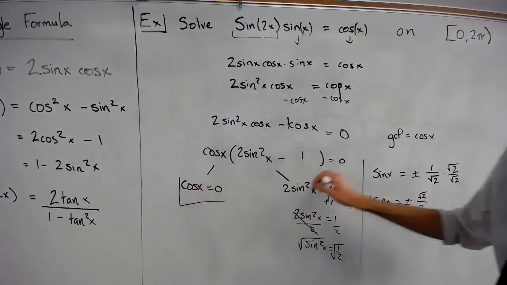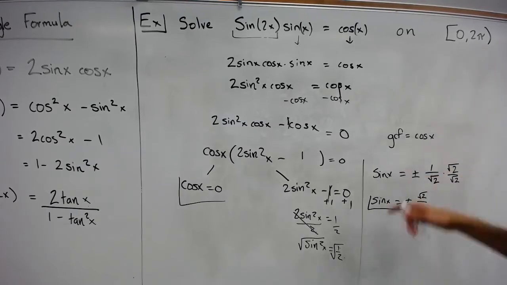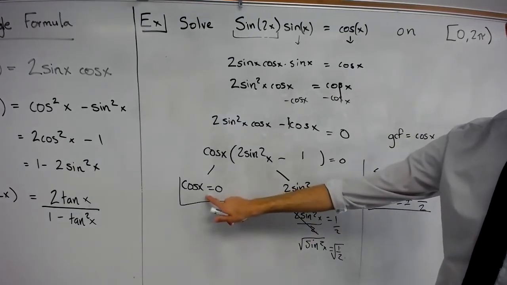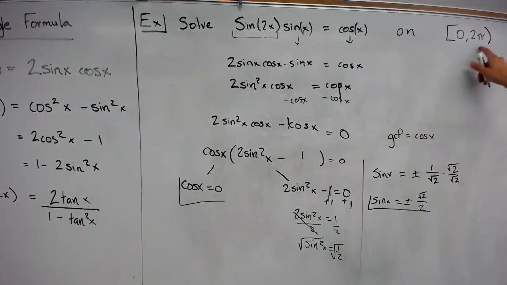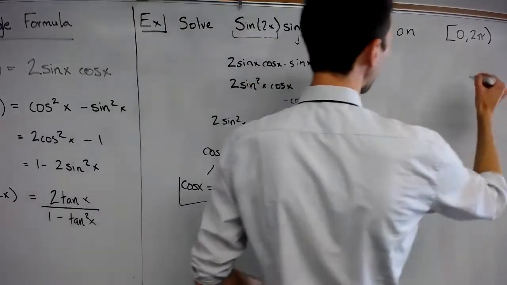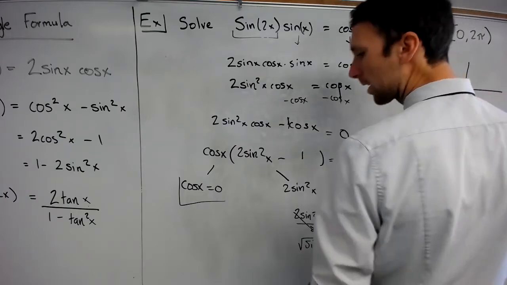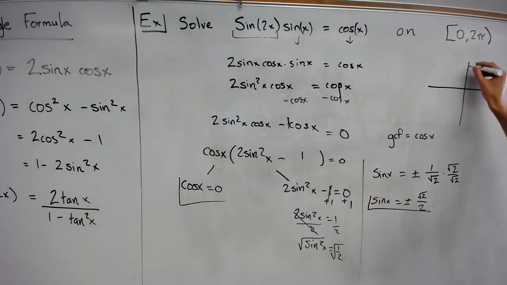All right, now remember, we're just solving for solutions on 0 to 2 pi. So where is cosine going to be 0? What angle has a cosine of 0 between 0 and 2 pi? Think about your unit circle there. Cosine is the x coordinate. So where is the x coordinate 0? 2 locations, right?